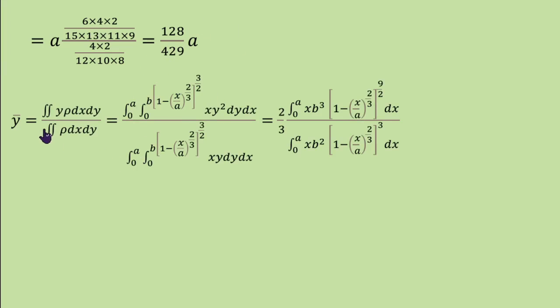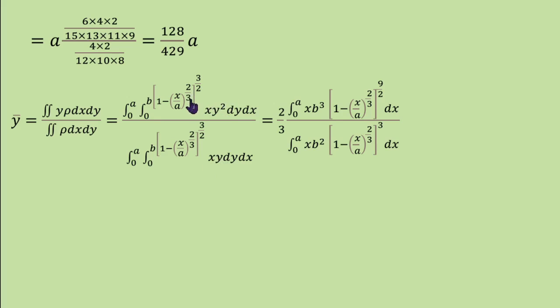Similarly, we can find y bar. Y bar is double integral y rho dx dy divided by double integral rho dx dy. By cancelling k, the constant k, and limit is same, y into xy, that is y xy square, denominator xy. Integral of y square is y cube by 3.